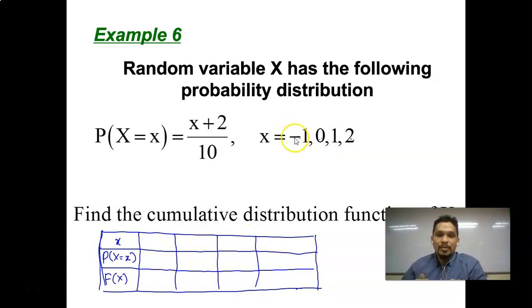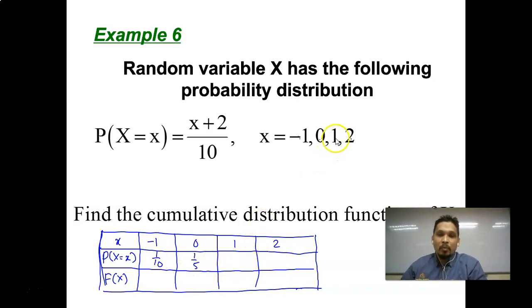Okay, so just imagine that if we substitute x equal to negative 1 here, negative 1 plus 2 equal to 1, so 1 over 10. Then when x equal to 0, 0 plus 2 equal to 2, so 2 over 10 or 1 over 5.